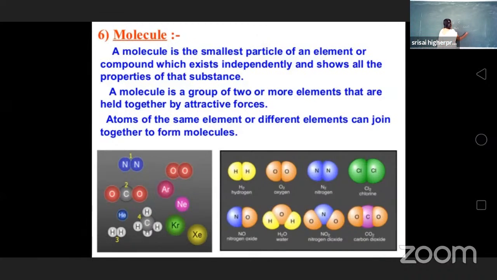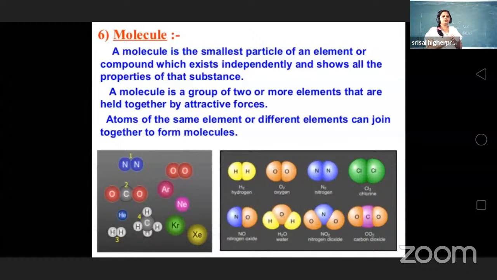And C and O, O is CO2. C and oxygen are different elements. Here H2 shows the same element, and C and O are different elements that can join together to form molecules.